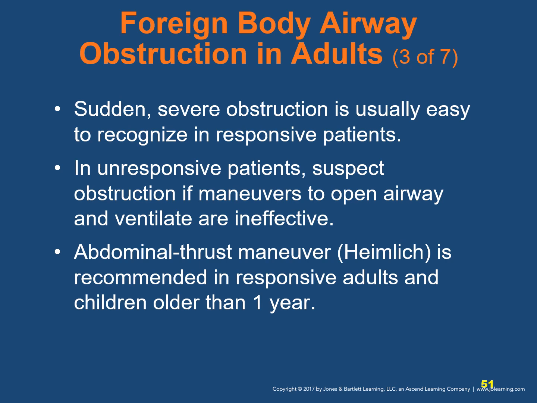Removing a foreign body airway obstruction in adults. The abdominal thrust maneuver, or Heimlich maneuver, is recommended in responsive adults and children older than 1 year. This creates an artificial cough. If the patient with a severe airway obstruction is unresponsive, then perform chest compressions.